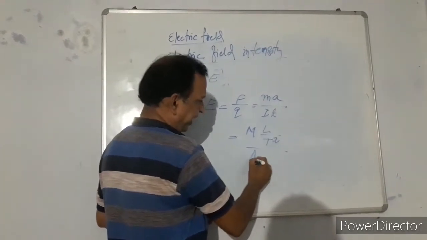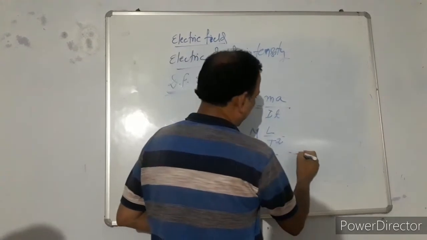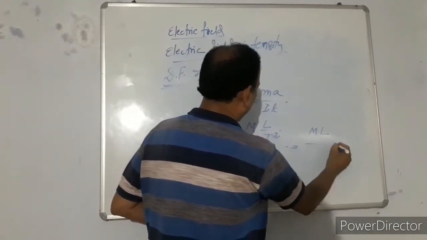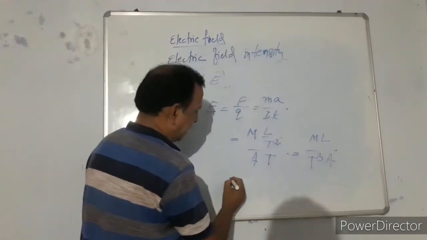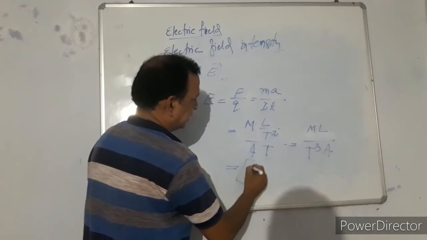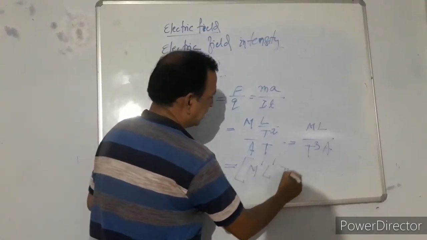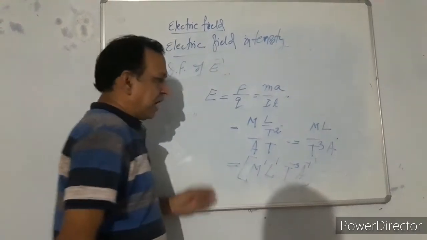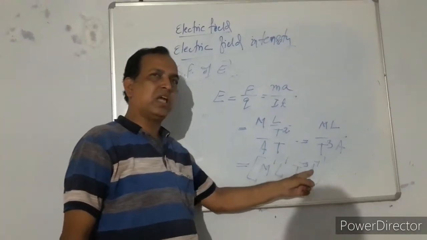For I, ampere A, and time T. So that is equal to m L by T Q A. So the dimension formula of the intensity is M1 L1 T minus 3 A minus 1.